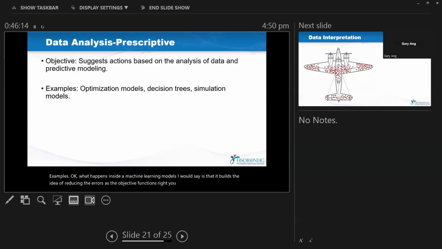You want to minimize the errors by training the parameters inside. It has the concept of optimization built in, to reduce the errors, right? But after that, when the model itself does a prediction in your machine learning models, it's still a prediction, right? Unless you give me more examples.